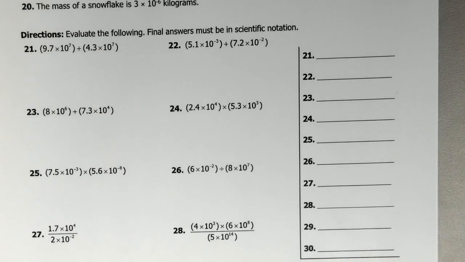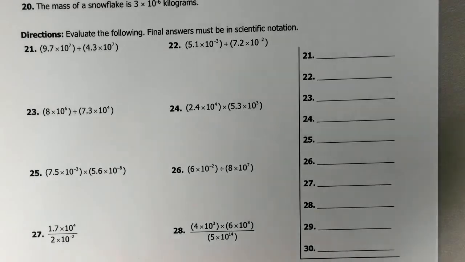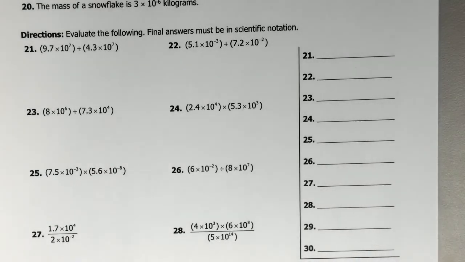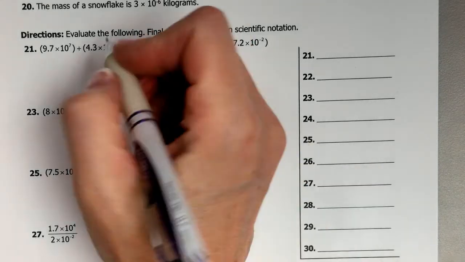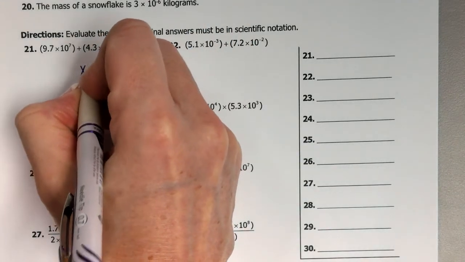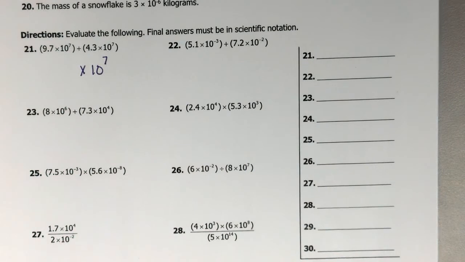All right, now let's look at the next little set, because I feel like this is where you struggle most on the homework. All right, so number 21, it says we're adding. So what do we know we have to make sure of first? That the exponents have to match, and they do. So we know our answer is going to have times 10 to the 7th.